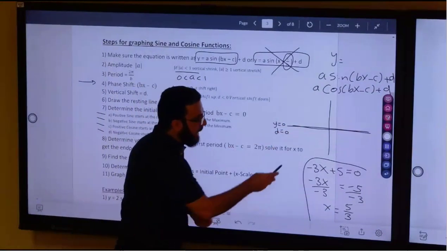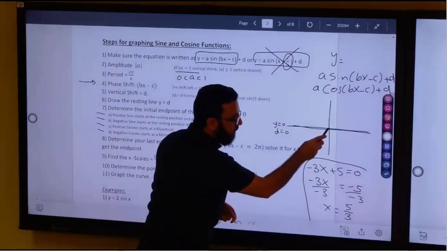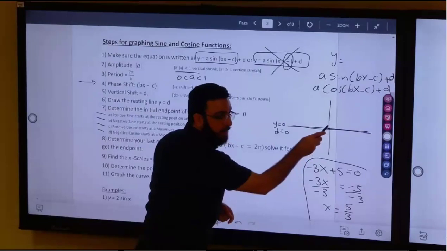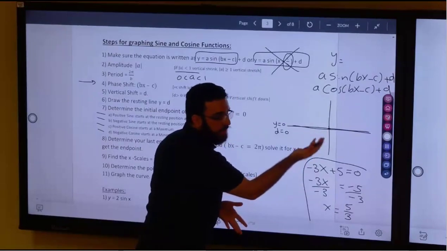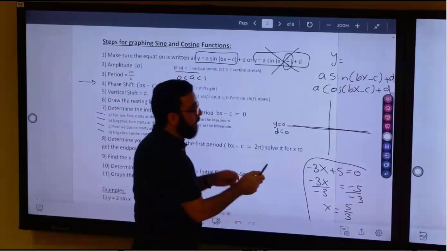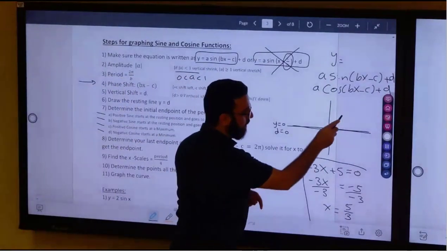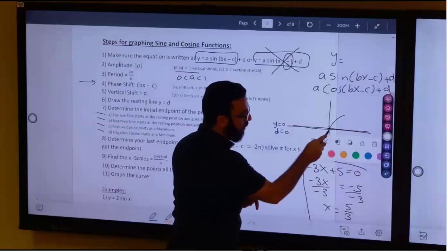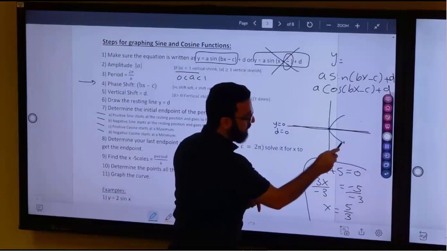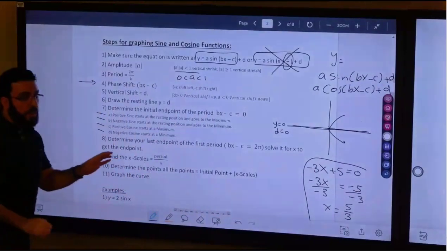If it's sine, I'm going to start from the 0, because it's the basic sine. If it's positive, I go up to the maximum. If it's negative, I go down. That's the difference.